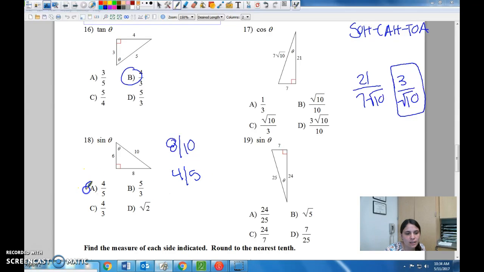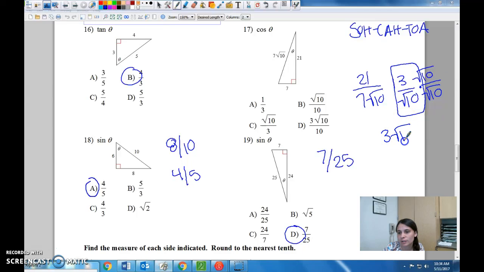And then 19, the sine of theta is opposite, which is 7 over hypotenuse, which is 25, or D. And the reason this one turns out weird is because oftentimes people don't like radicals in the denominator. So if you were to solve this, you would actually multiply by the square root of 10 over the square root of 10.